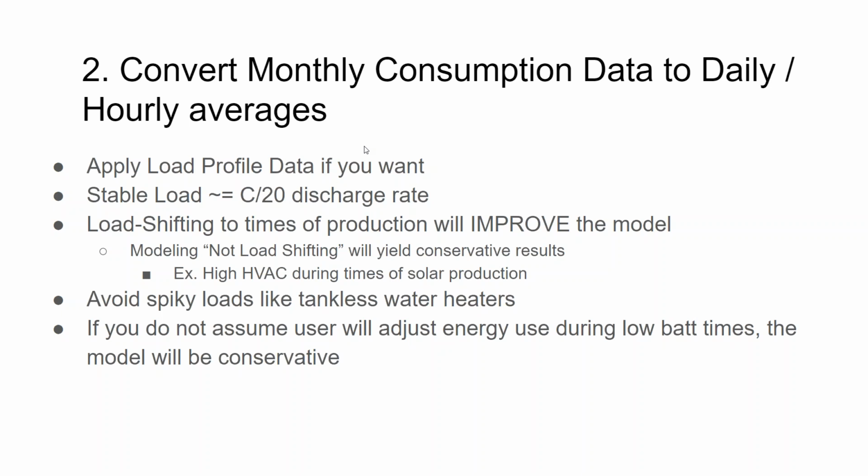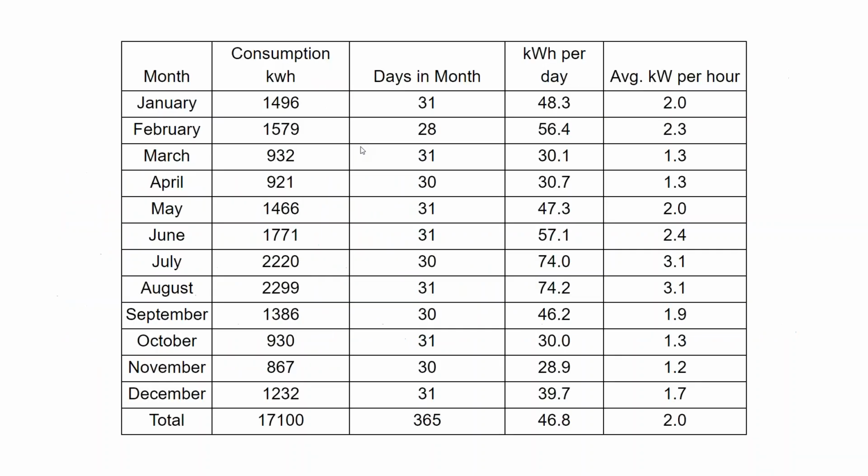And we also know that we have to be on the lookout for tankless water heaters and other surge loads. What we want is a flat load profile. We'll talk about that more tomorrow.